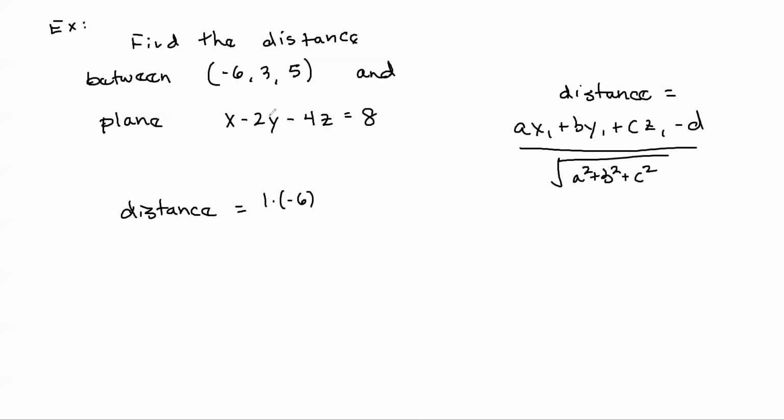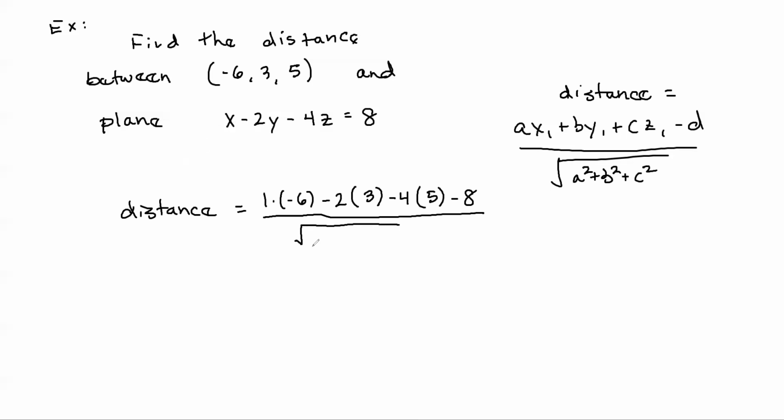B is going to be -2 times y1, which is 3. And then plus c. C is going to be -4. And then z1 is going to be 5. And then minus d, which is 8, all over the square root of a, b, and c squared.